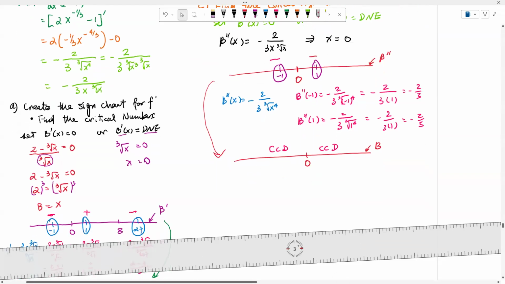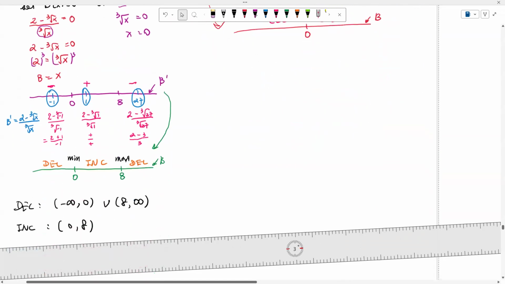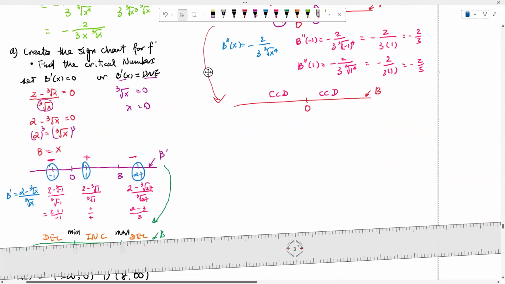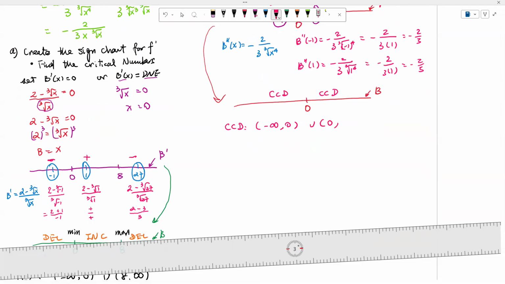And now for this one, we could answer that the concave down intervals are from -infinity to 0, union 0 to infinity. And then we have no concave up, so of course we do not have an inflection point, right?